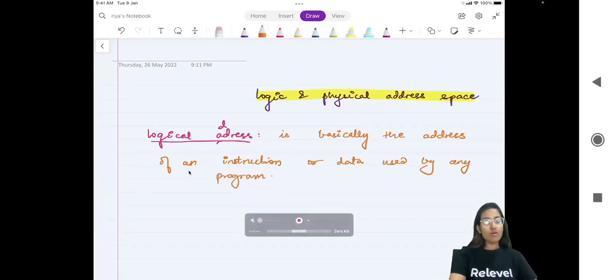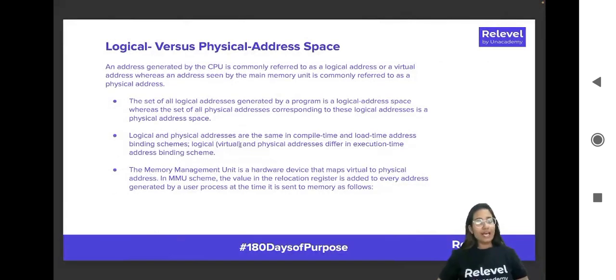Along with that, we also say that there is a set of all the logical addresses, because a program will not just have one instruction.